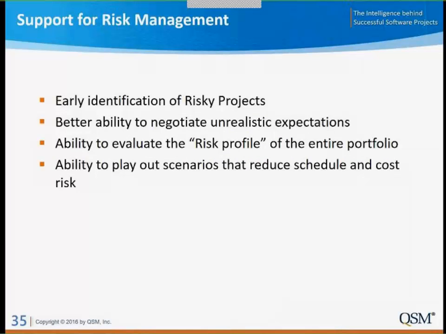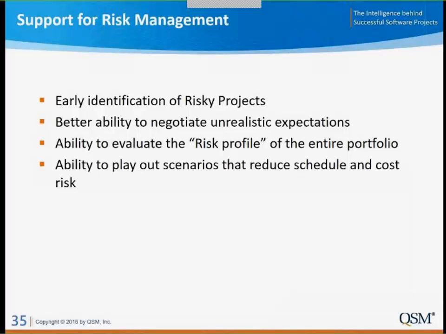In terms of risk management, we can use our trend lines very effectively early in the negotiation between the business and the IT group to identify risky expectations and smoke those out right away.